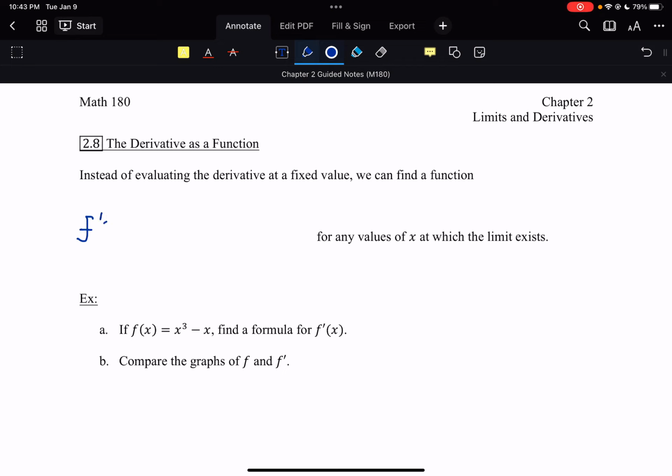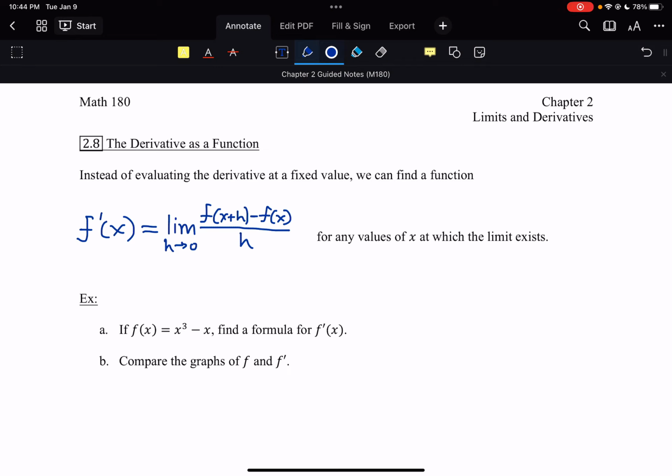That's going to allow us to develop a formula for the derivative f prime of x, which is the limit as h approaches 0 of f of x plus h minus f of x, all over h, for any values of x at which the limit exists.